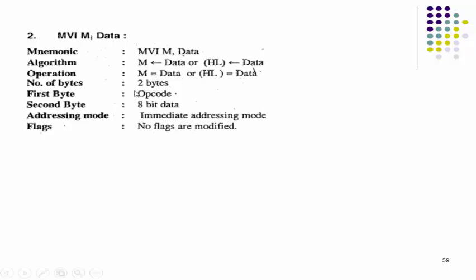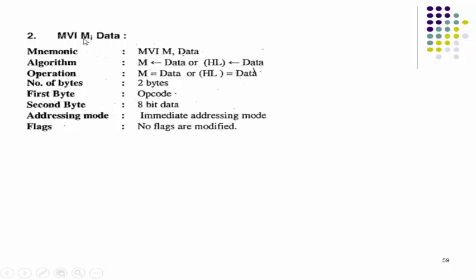Number of bytes required to execute this instruction: 2 bytes are required. The first byte is always opcode and another 1 byte for 8-bit immediate data. For this MVI M, you will find a special opcode.